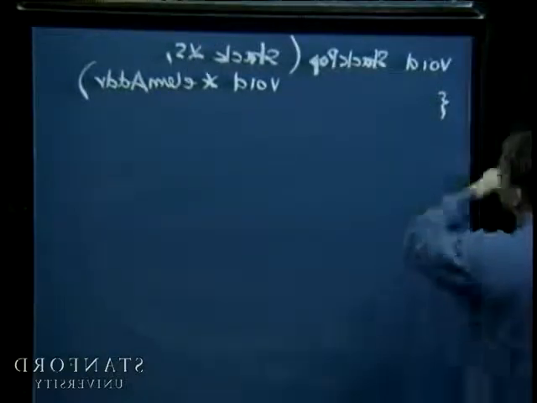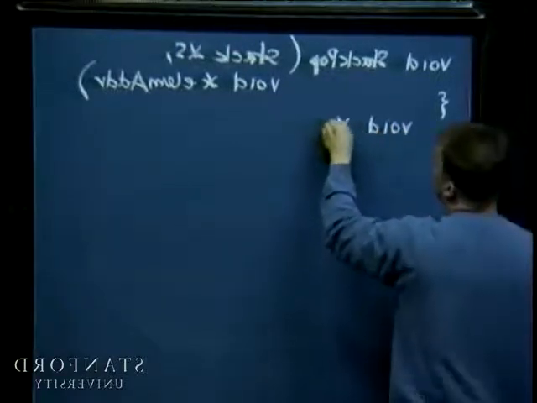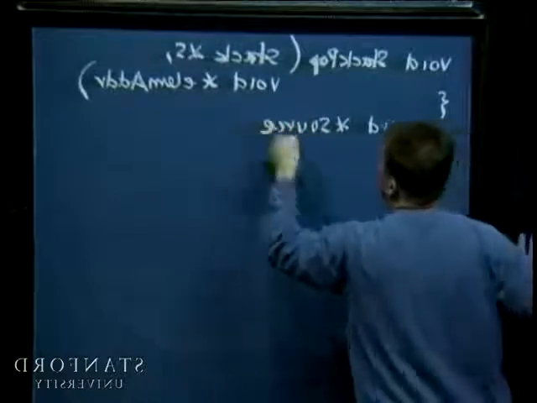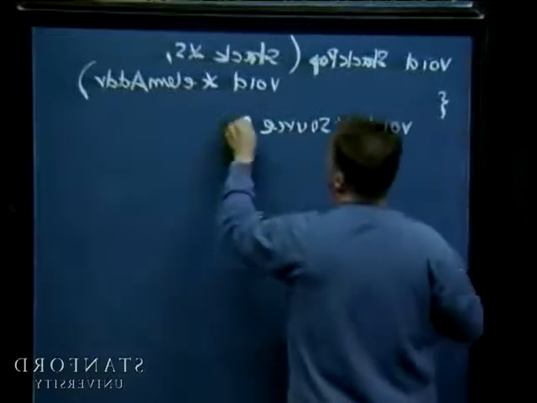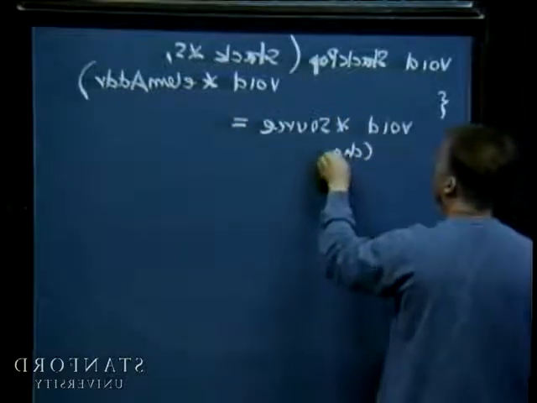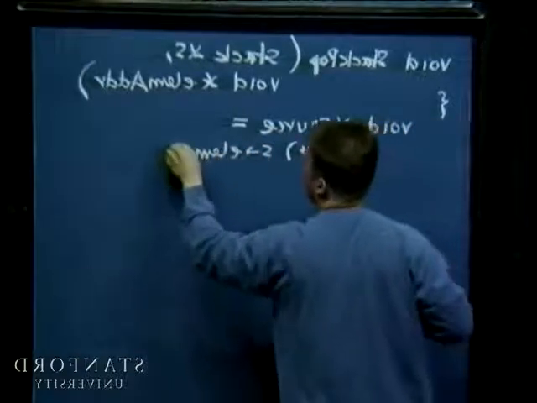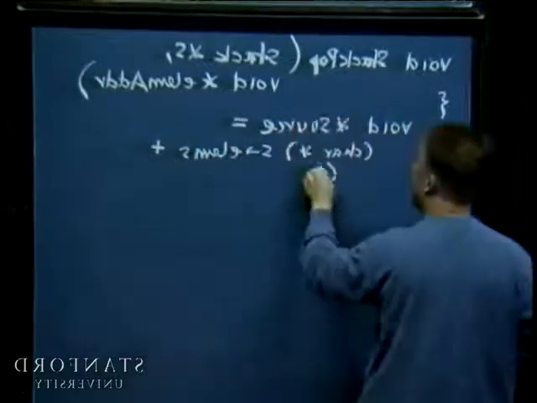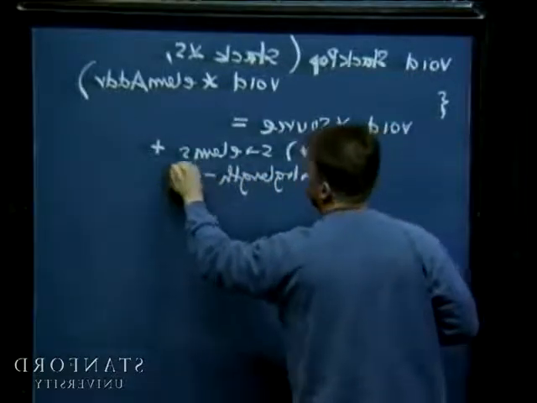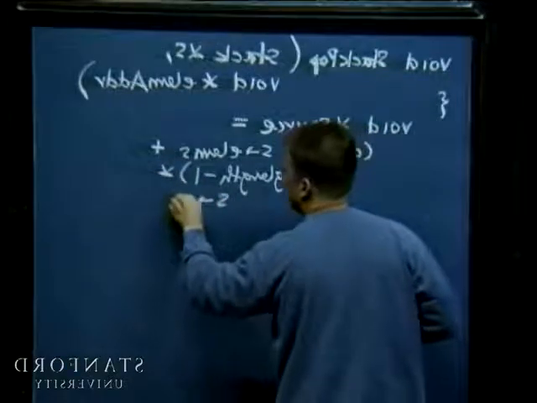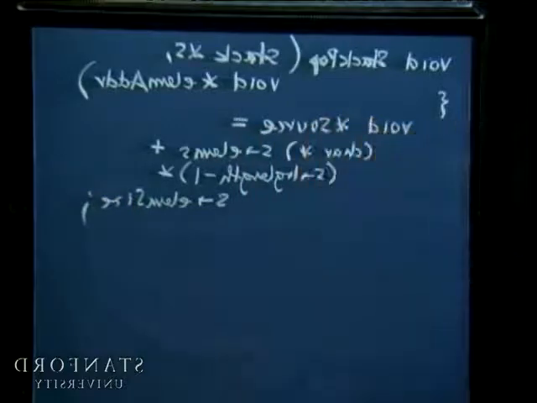So what I want to do is declare this void star, not called target, but called source. Actually, that's right, yeah. Is equal to char star of S arrow lems plus S arrow log length minus 1 times S arrow lem size. I forgot to do the minus beforehand, so I recovered by doing a -1 right there.